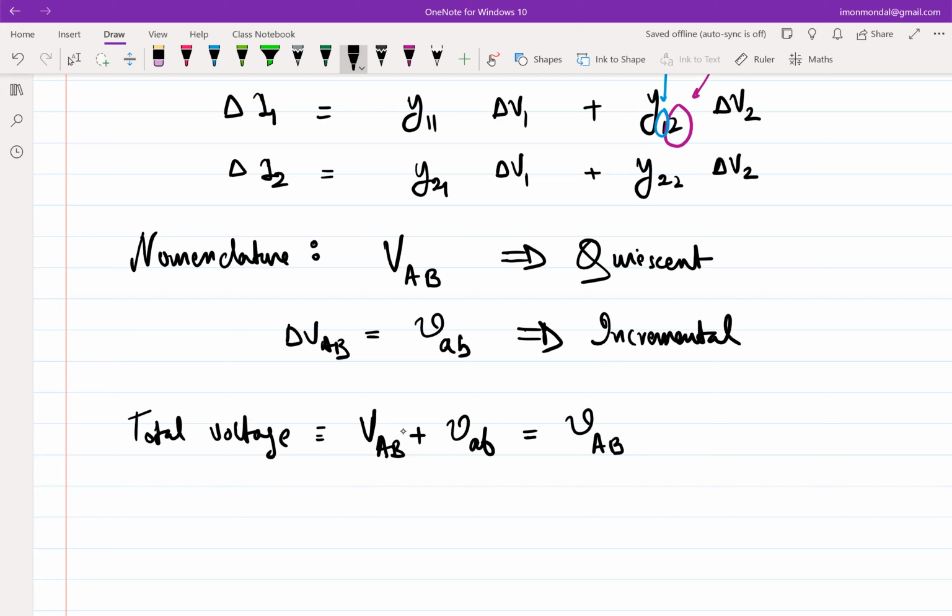So this is total. When in doubt, write it out fully and make it explicit that you are talking about total or incremental or apply delta. All are okay with me.